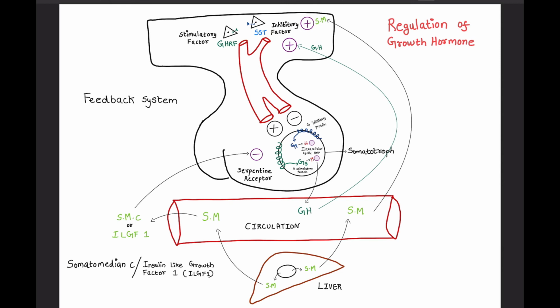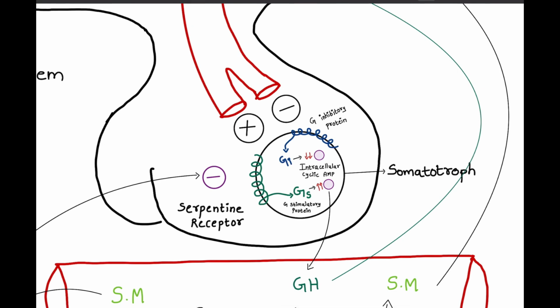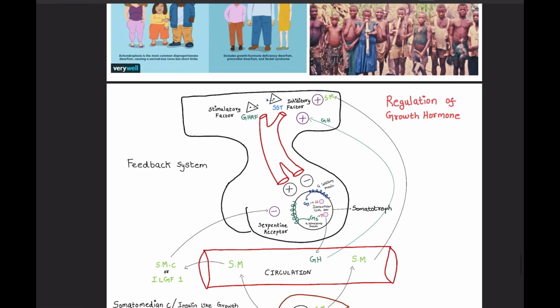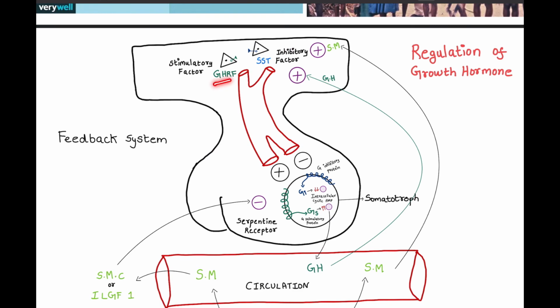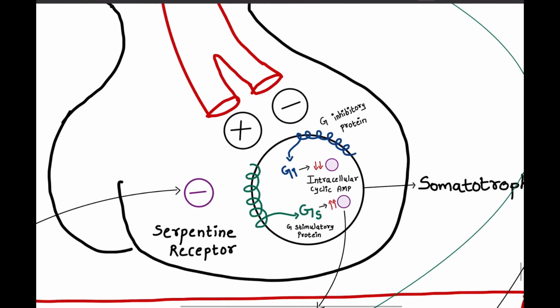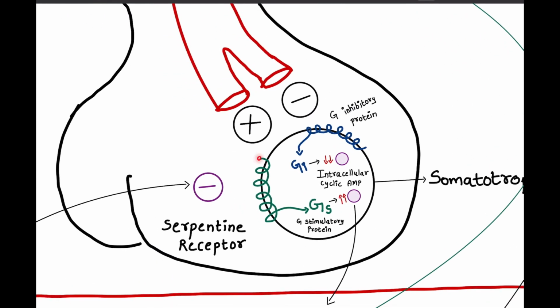So now in the anterior pituitary gland, you have the somatotroph cell, the acidophilic cell. This stimulatory factor, growth hormone releasing factor, cannot act directly on the somatotroph cell. It will act through a receptor known as the serpentine receptor, and it will stimulate the Gs, that is G stimulatory protein, inside the somatotroph cell.